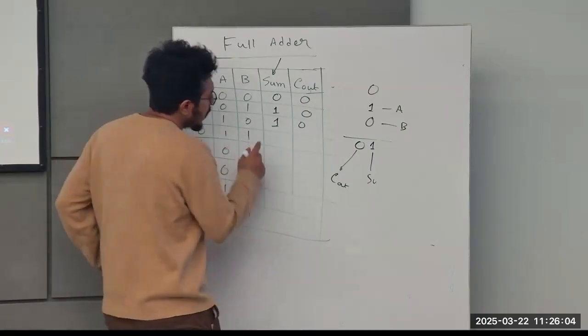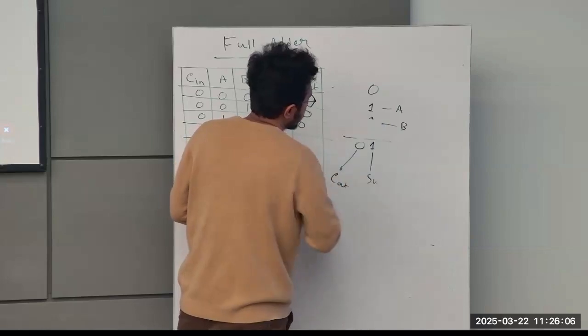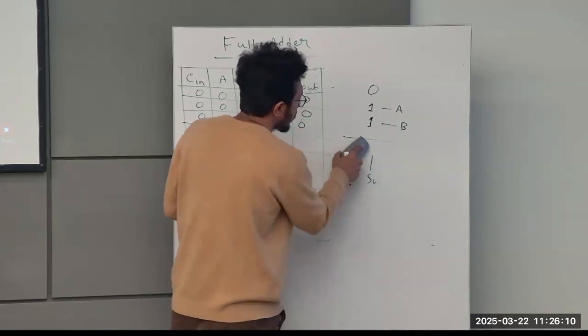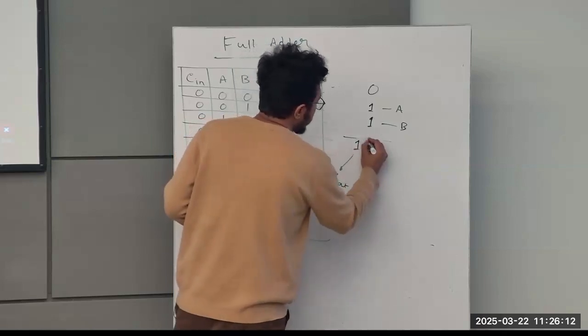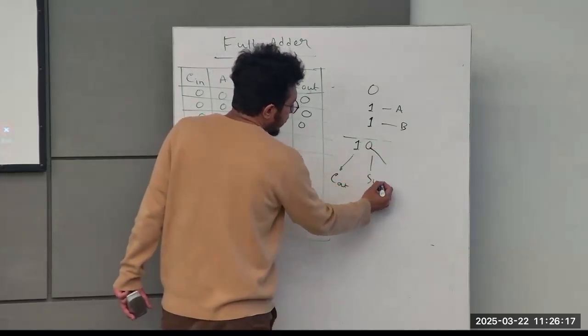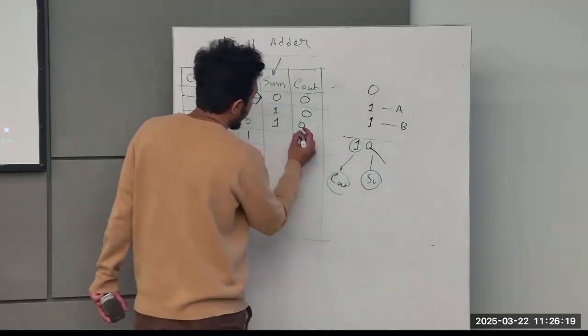If we have 0 1 1, the result is basically what? 2 in binary, which is 1 0, right? Now we have 0 at the sum and 1 at the carry out.